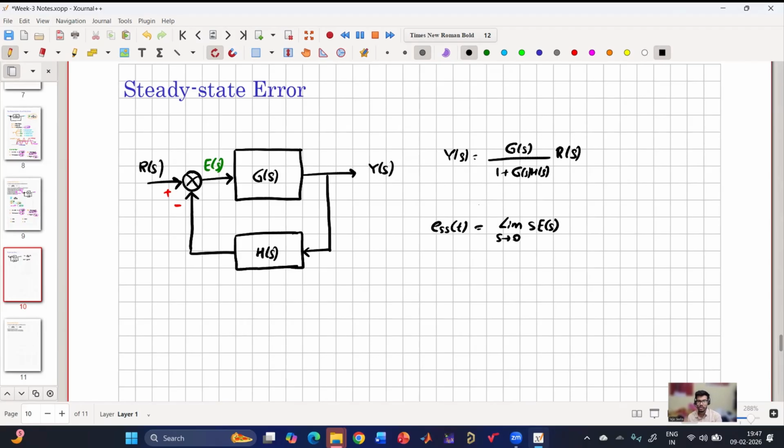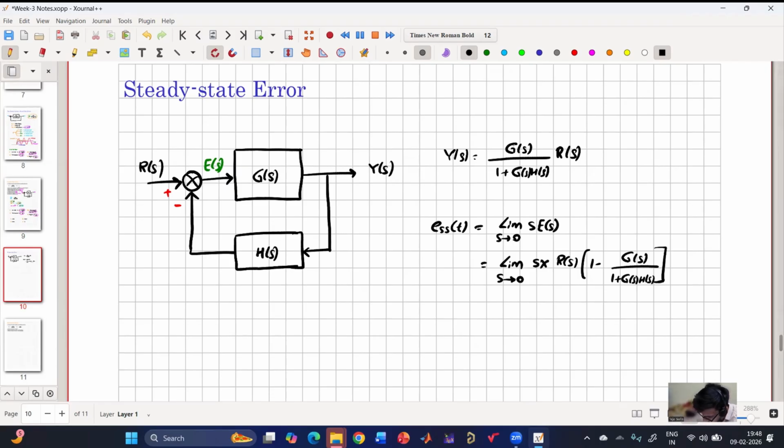So limit t tending to infinity, e of t is nothing but limit s tending to 0, s into E of s. Now s into E of s is nothing but R of s minus Y of s. If I take R of s common, then I'll get 1 minus G of s by 1 plus G of s H of s.